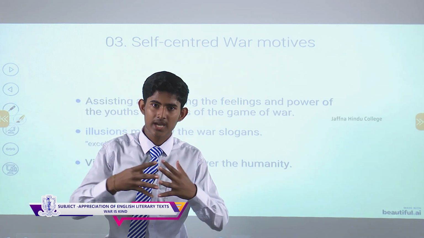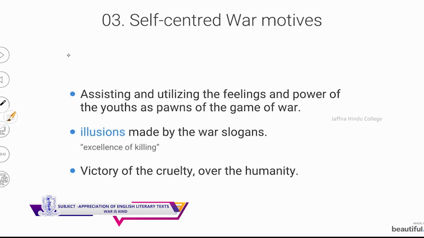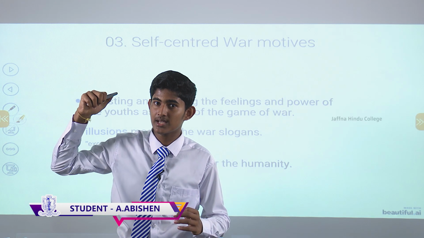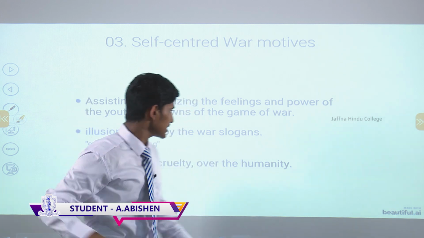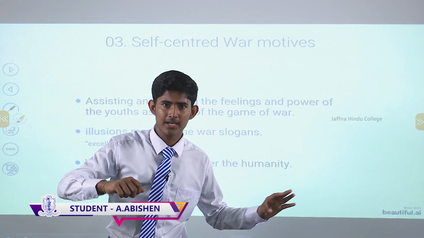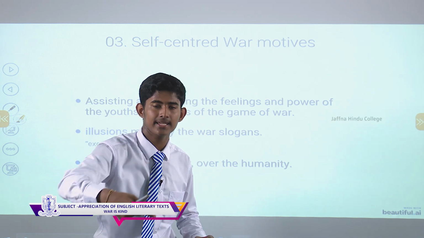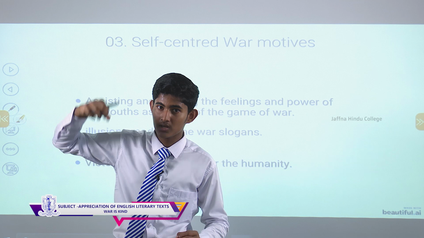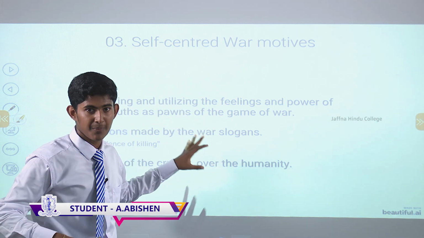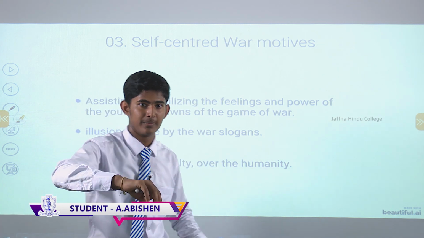The poet connects these to show how, to satisfy only the selfishness of the warmongers, they use these people as pawns, like how a chess player moves his pawns in order to attack his enemy. Likewise, these warmongers or war leaders utilize these young people to attack their enemies.